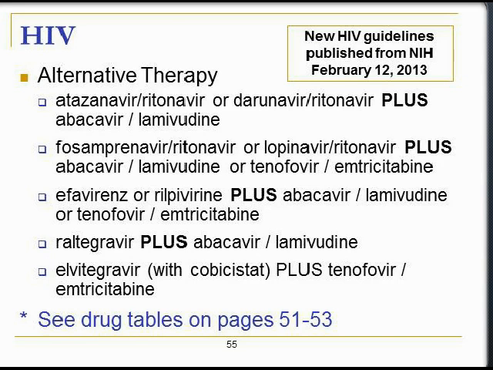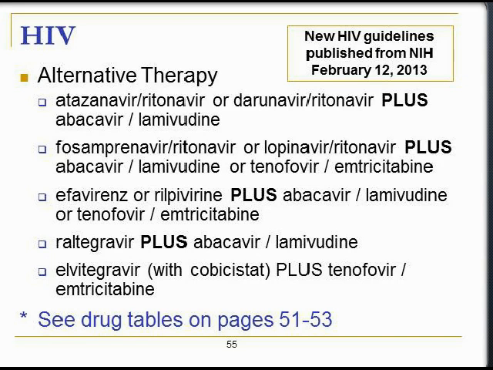So an alternative therapy is, again, one of those boosted protease inhibitors with a different nucleoside reverse transcriptase inhibitor combination, abacavir and lamivudine, or one of the lesser recommended protease inhibitors, boosted fosamprenavir or lopinavir, plus, again, the NRTI combos.